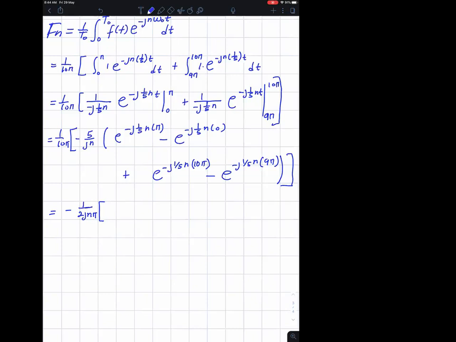So then inside here, it becomes e to the minus j n pi over 5.